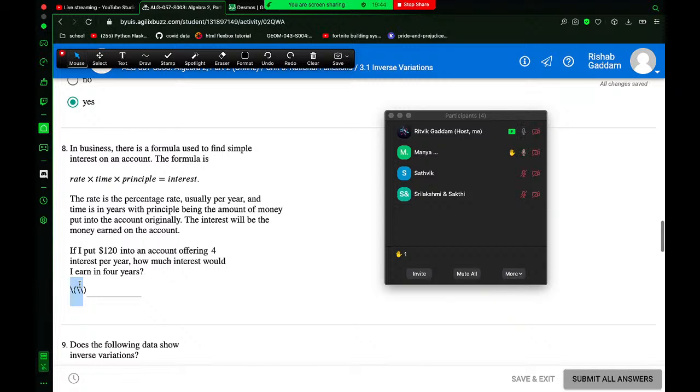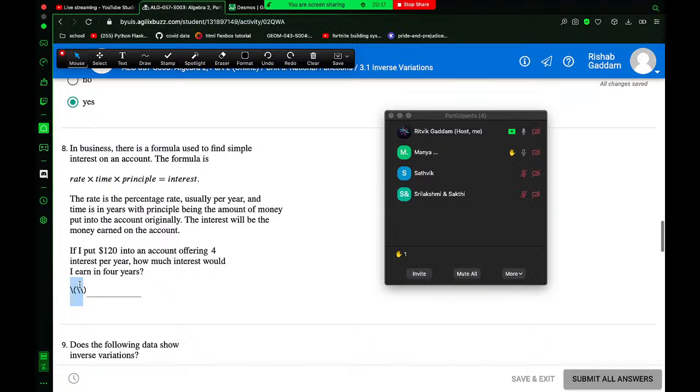Okay, let me just read the question first. For interest per year, does that mean percent interest per year, or like $4 interest per year? It's 4% interest per year.